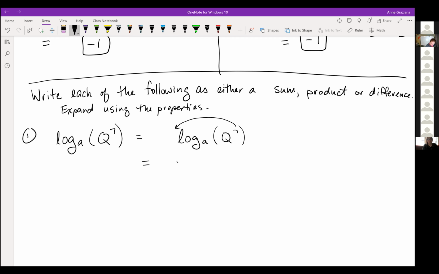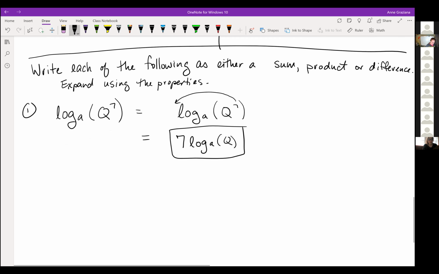This is the same as saying 7 times log base A of Q, and now I have it written completely as a product. Any questions? Is that the final answer? Yes, there's nothing more I can do. You keep going till you can't use any more of the properties.